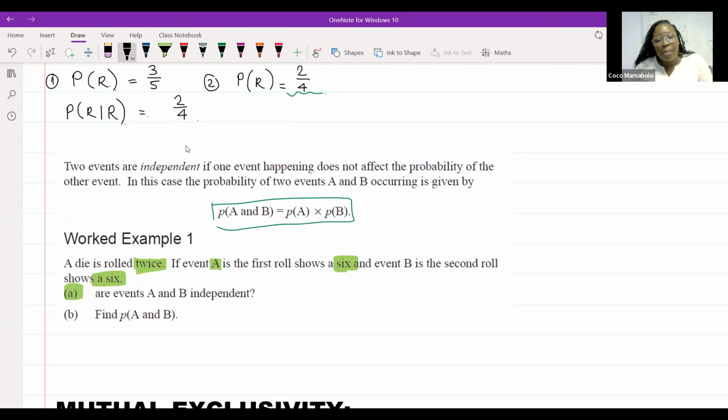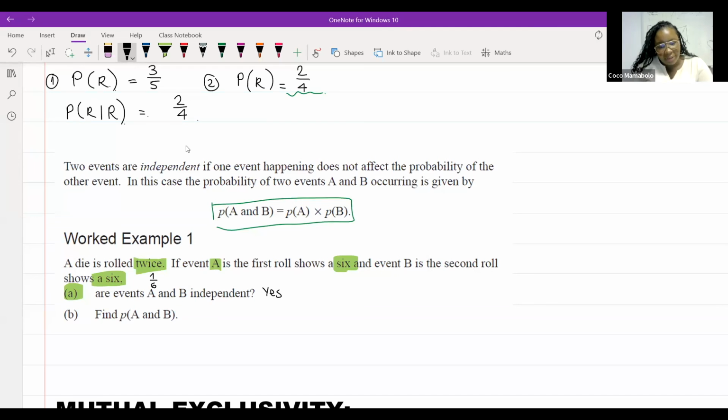Yes, I can. Just because I rolled a 6 the first time doesn't mean I can't roll a 6 again. So the answer is yes, it's an independent event, because the probability of me getting a 6 the first time is 1/6, and then the probability for the second one doesn't change.